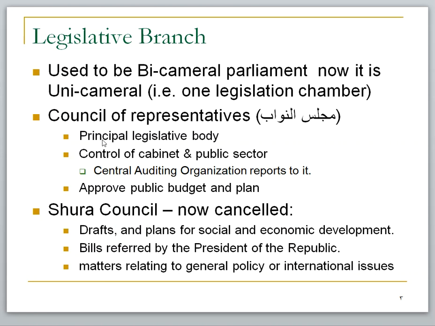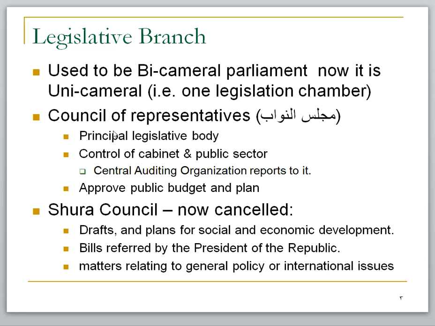So anyway, the Council of Representatives represents the principal legislative body in Egypt. It controls the cabinet and the public sector, and the central auditing organization اللي هي الجهاز المركزي للمحاسبات reports to it.